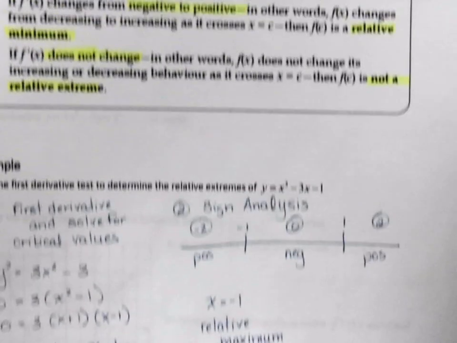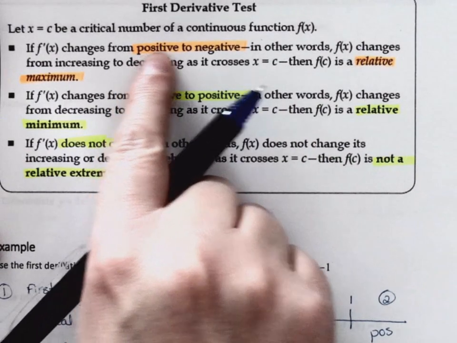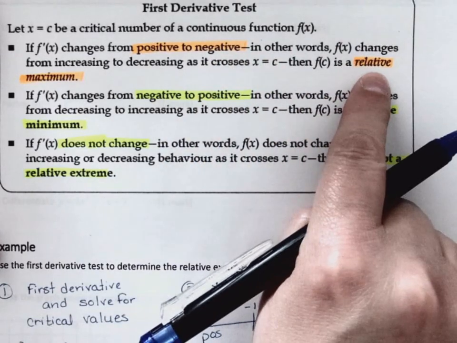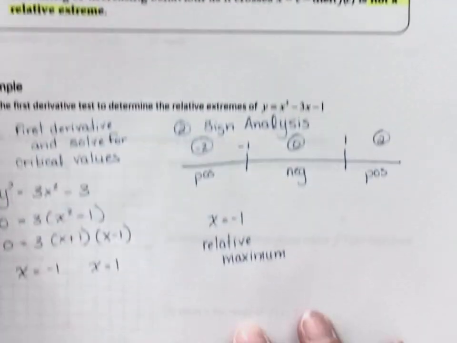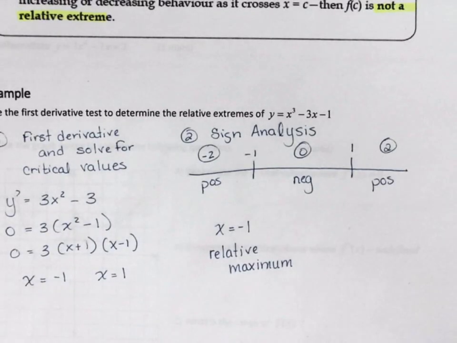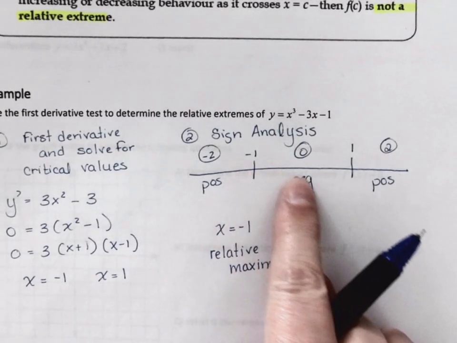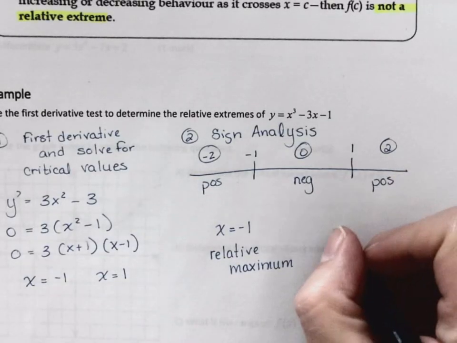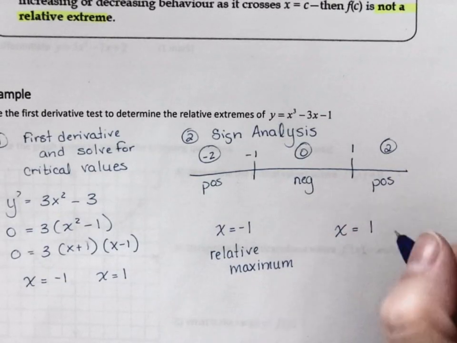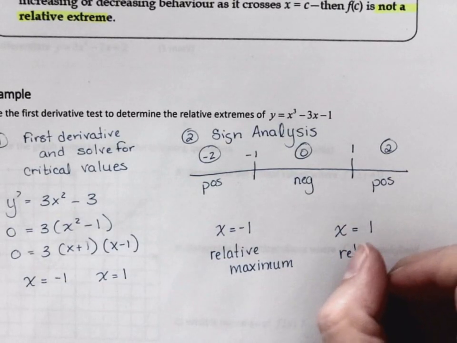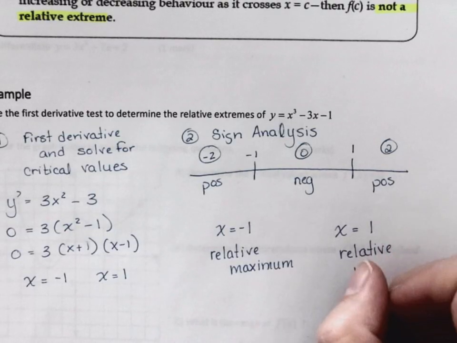Again, we're traveling from a positive to a negative. I don't really remember the rules. I just think, okay, positive, positive, positive, I reach the top of the mountain, and then I'm going to go down, down, down. So you're still traveling down here. So we know that x equals +1 is a relative minimum.